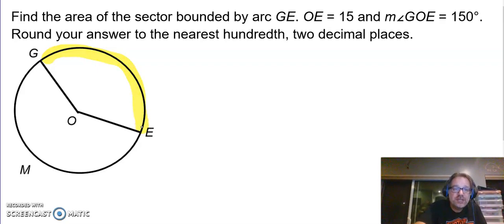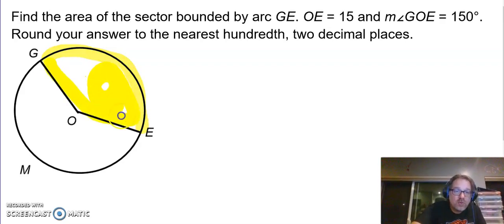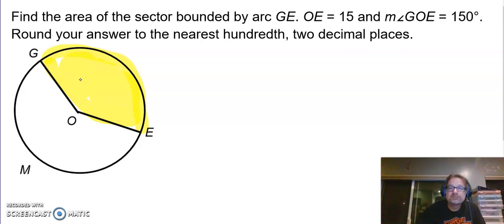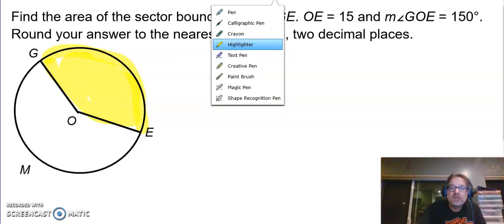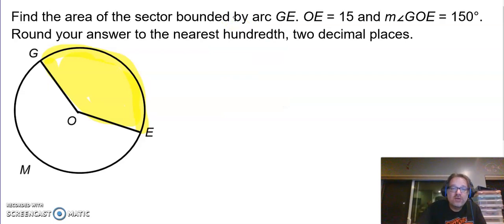Here's arc GE. So the sector I want is that sector right there. We are told the length of OE is 15, so every radius in this circle is 15 long, and the measure of angle GOE is 150. Well, if that angle is 150, this arc measure is also 150.